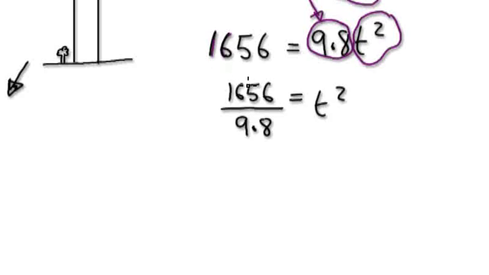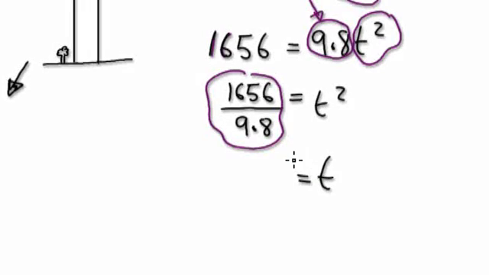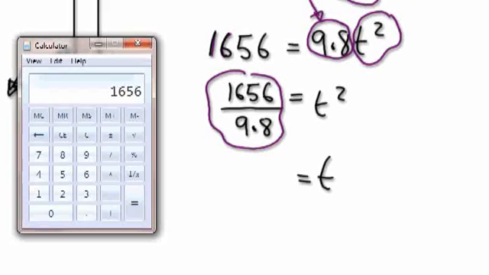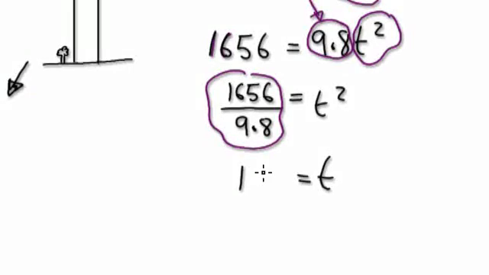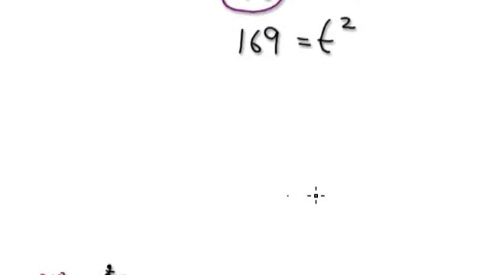So let me work out what this becomes. 1656 divided by 9.8 equals roughly 169. Sorry, on this side it will be T squared. So now square root both sides.